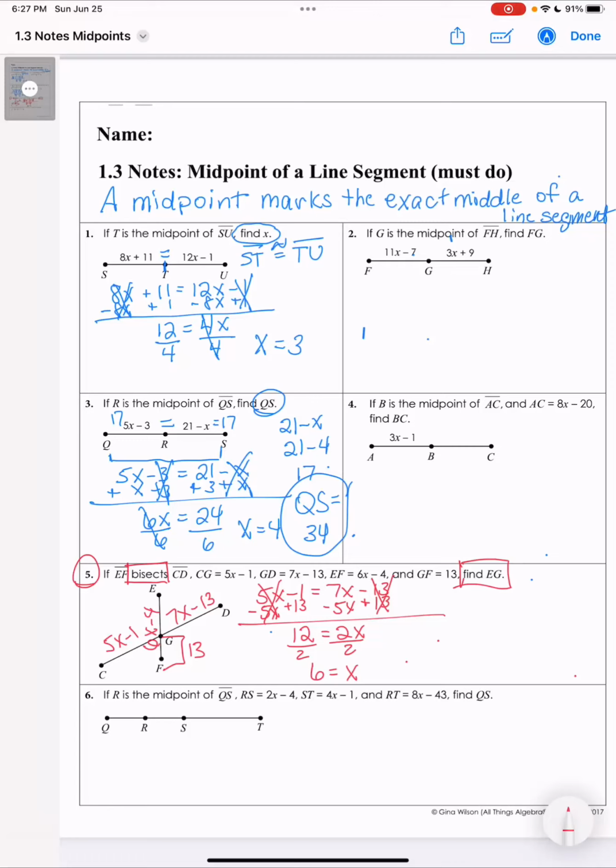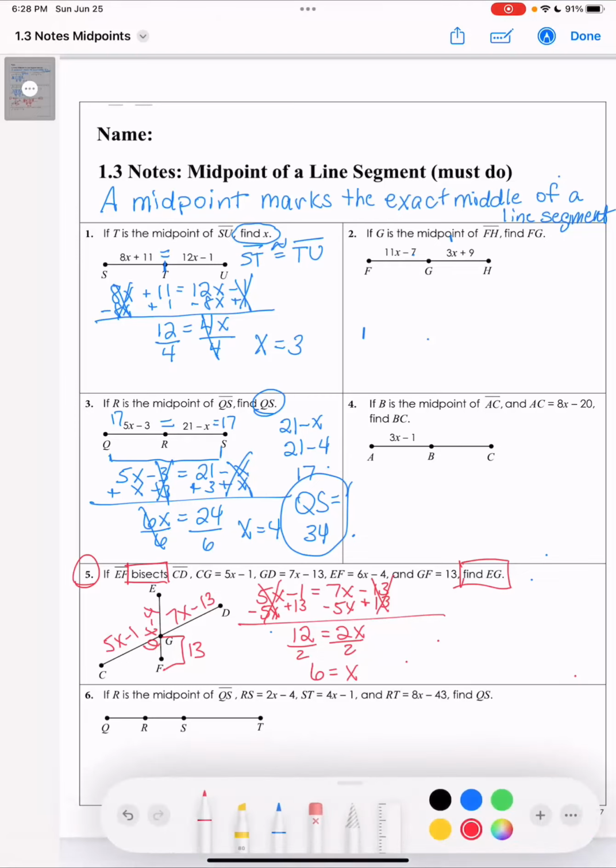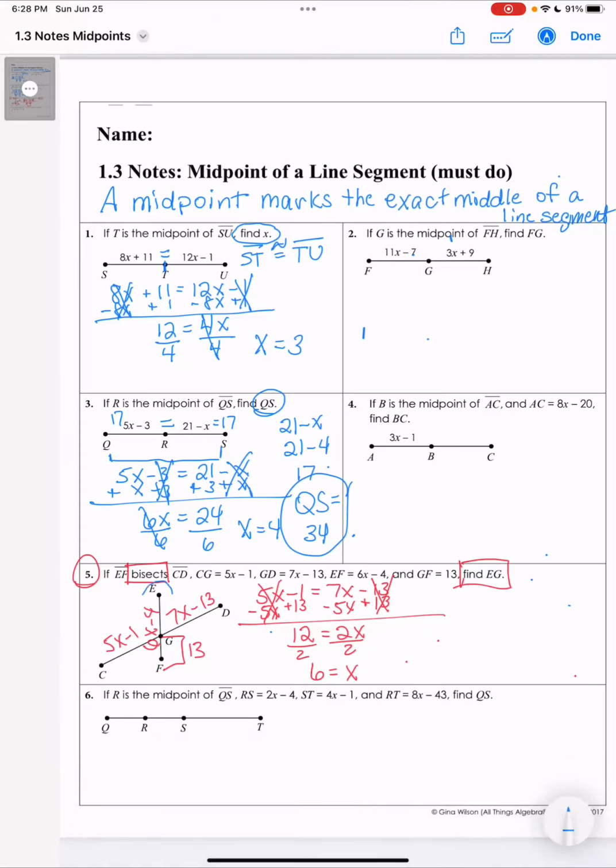Now, they didn't ask us to find what x is. They asked us to find what EG is. And so this whole thing over here, we had 6x minus 4 is the entirety of EF. So let's see what EF is going to be. We've got 36 minus 4, which is 32.